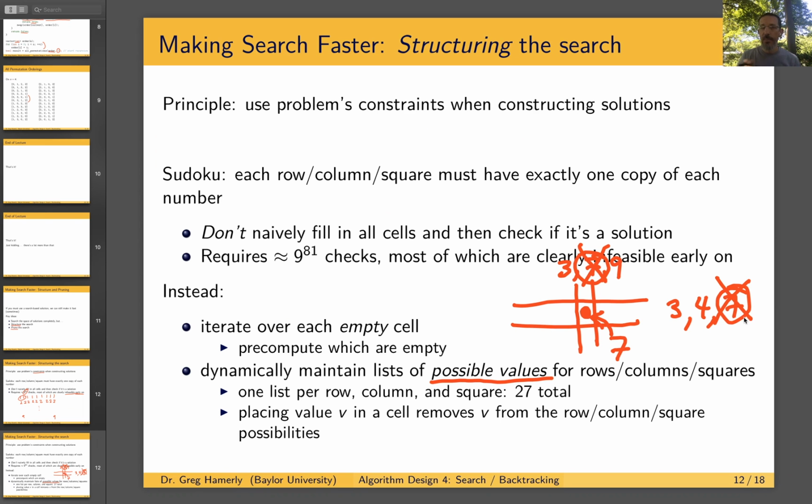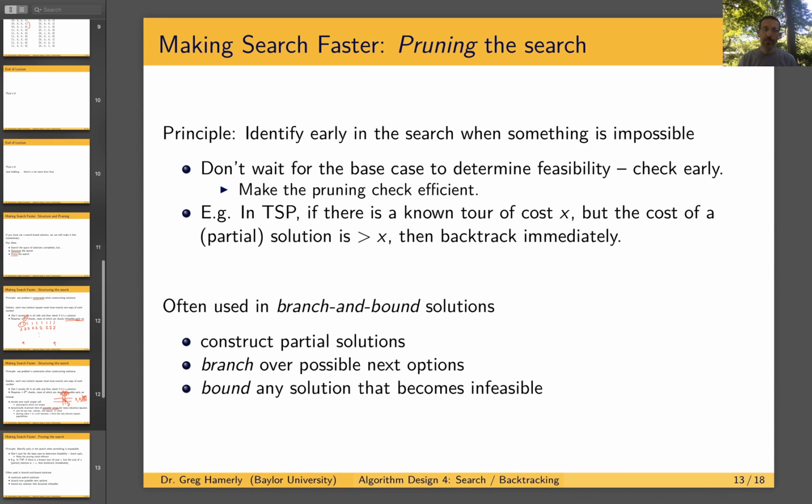So in other words, we're dynamically keeping a list for each row, for each column, and for each square, of which values are available to be used. And then for each cell, we can look up which values are available among all three. Then we can only place values that are currently available and not waste our time putting in values that are clearly not going to work. So that's structuring our search.